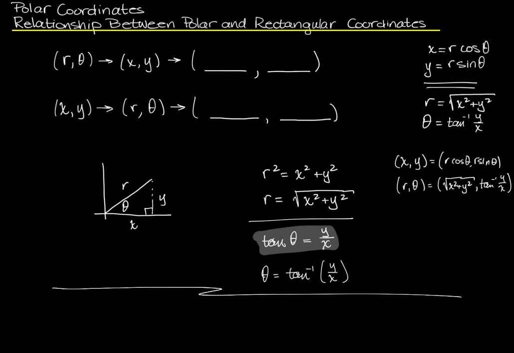Okay, let's do an example of one of these. If I give you 2 comma negative 2 in rectangular coordinates, can you convert that into polar coordinates? We have rectangular coordinates.